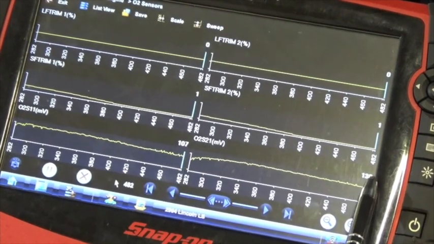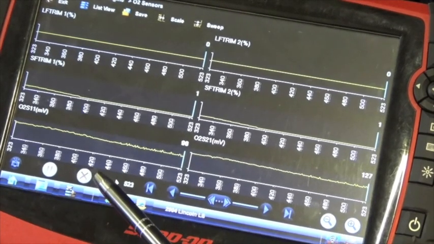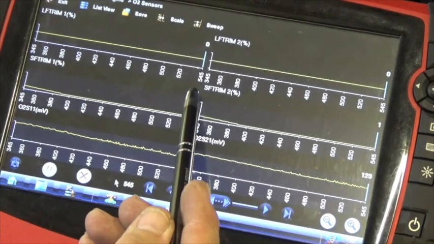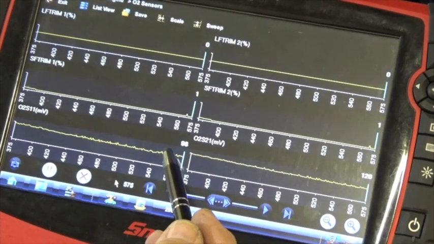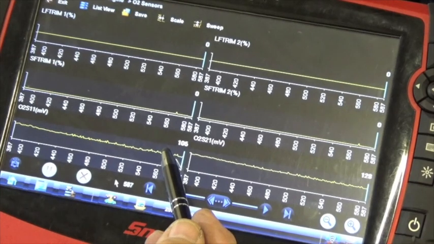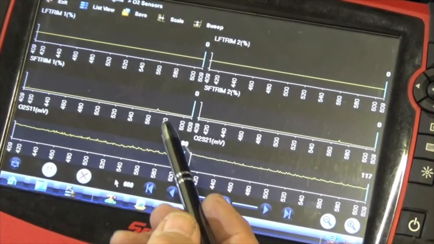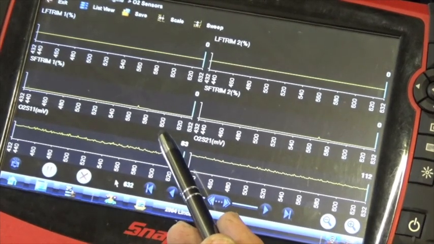And these are staying very, very low. They're not switching at all. And if you look at our fuel trim, on bank 1 we're at 1%, and bank 2 at 1%. Now these numbers here indicate that it is very, very lean. So we should see the short-term fuel trim adding fuel. This should be very high, and it's not.